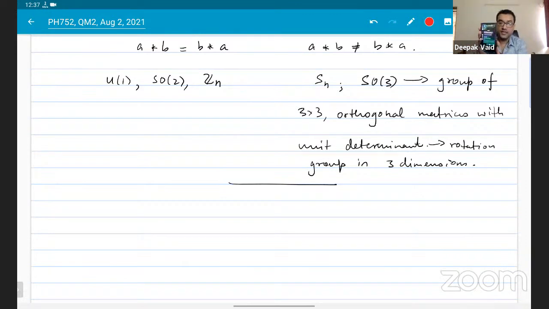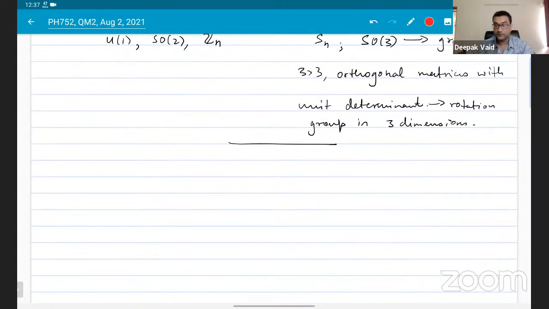Now if I start with the same thing and I apply this rotation first, and then I apply this rotation, I get the same screen, but with the orientation changed. You can check it. Maybe this is not the most convincing demonstration, but if you do it yourself, you will see it comes out to be the case. So rotations in 3 dimensions are not commutative. So this forms a non-abelian group. Okay.